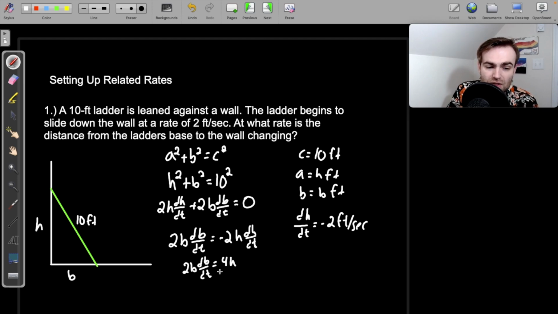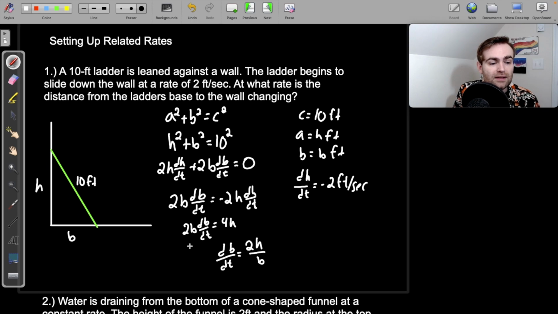And then we can divide by 2b, so that would end up with db/dt is equal to 4 divided by 2 would just be 2h over b. So we don't know what this rate is right now. We have it in terms of some variables that we don't currently know. But we could find it out if they gave us that initial information or we had some way of finding it. Right now we don't, so that is as far as we're going to go.